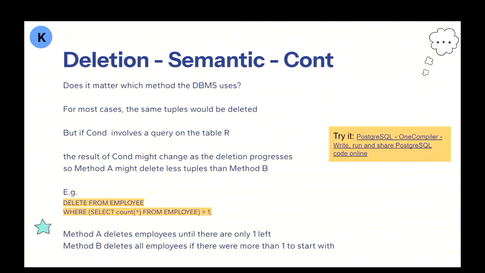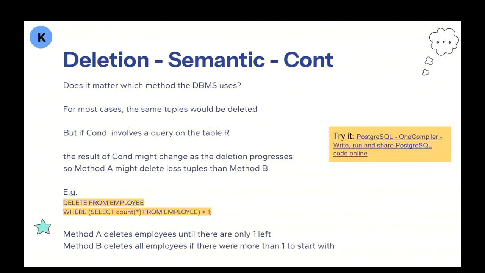And if we do it with method B, the second method, there will be nothing left, because it will check the condition at the start and then remove everything that satisfies the condition. So if there is more than one employee in the table at the start, this condition is always true for all the tuples inside the employee table, and it will remove everything.